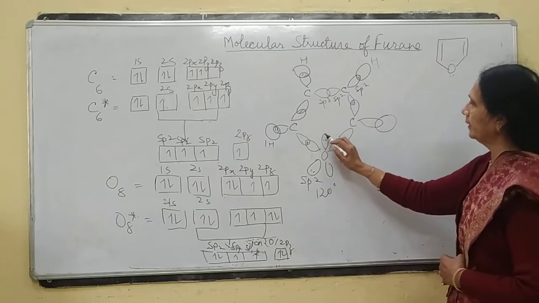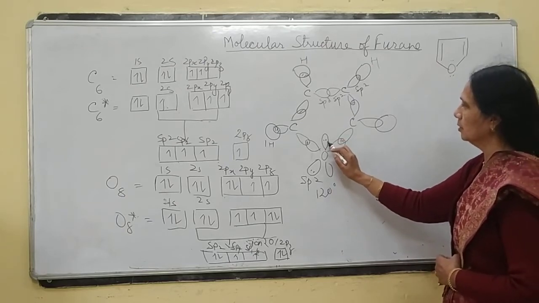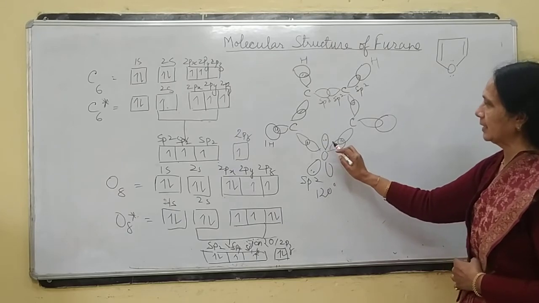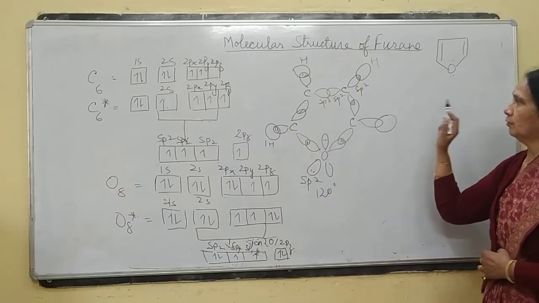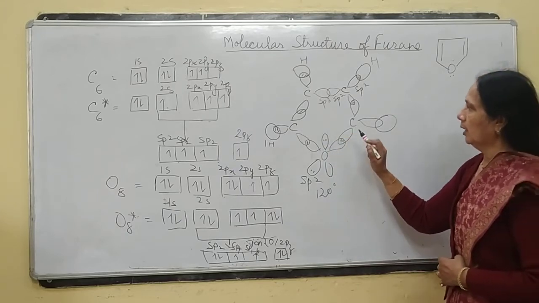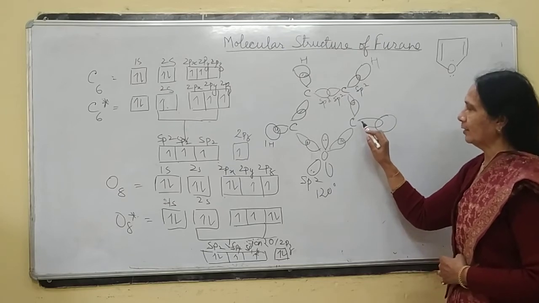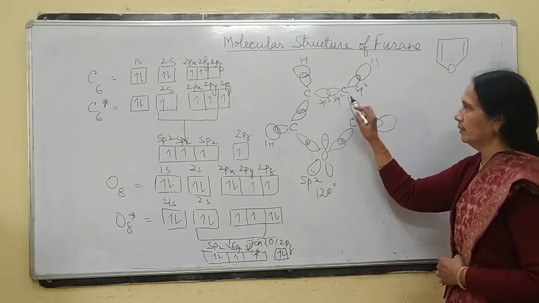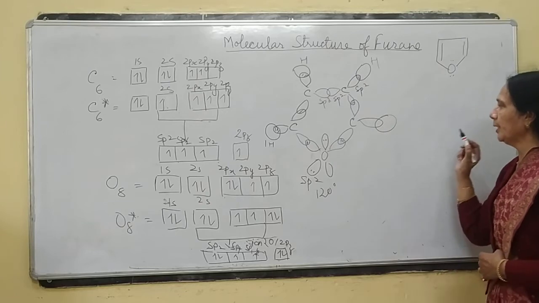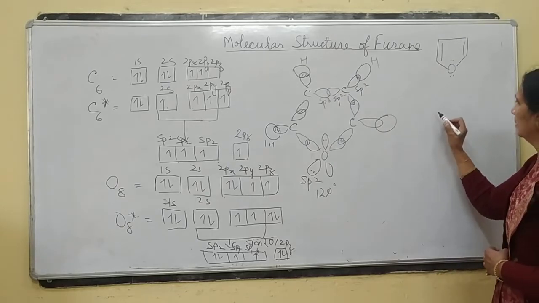So only these 2 electrons participate in the sextet of the furan molecule, including 1 electron from each carbon atom in pz orbitals like this.